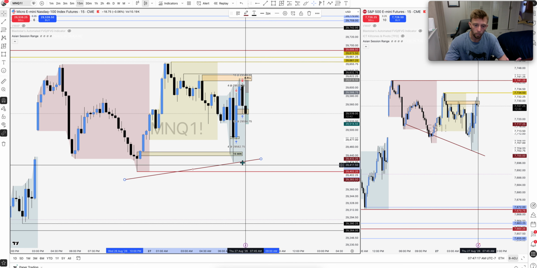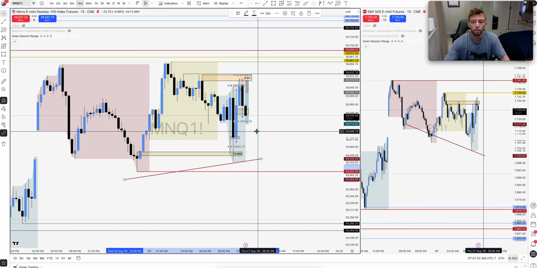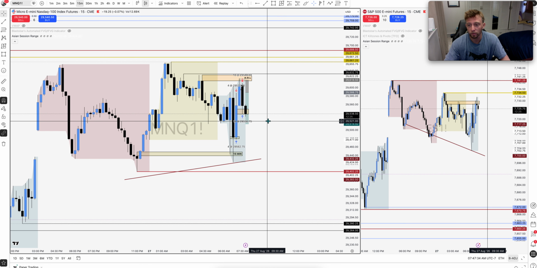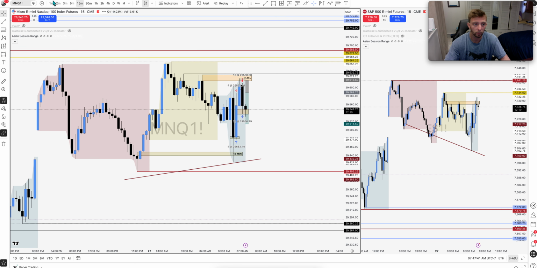As that was happening, what I thought I saw was a bullish reaction on NQ because ES had already swept out Asia. And so in real time, I was thinking, okay, let me take a long on NQ because ES had already swept out Asia.